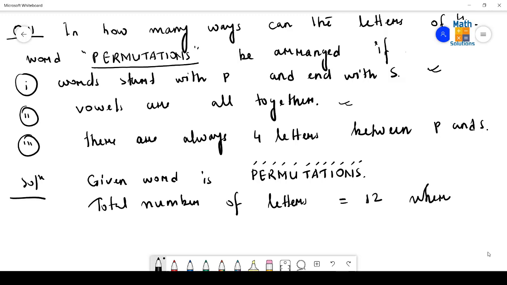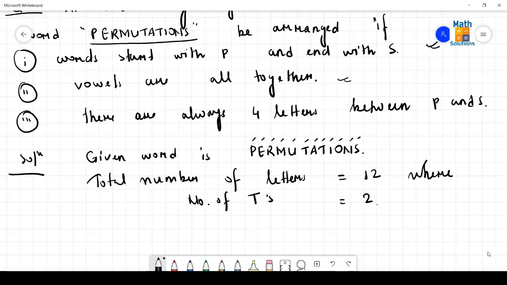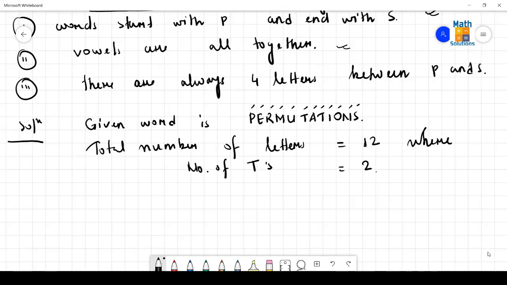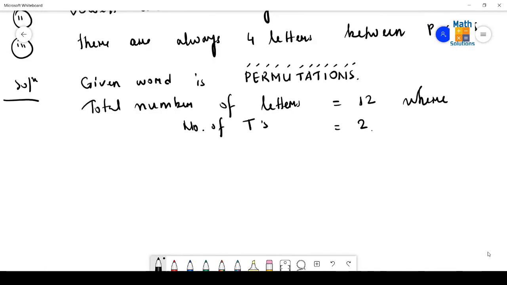where the number of capital T's is equal to, we find here there is just one repetition, and that is T. T is repeated twice. So here we can write it is 2, and the rest of the letters are occurring only once.